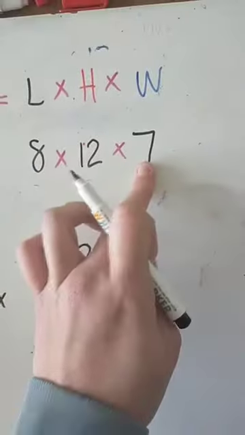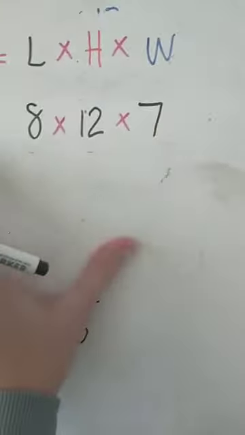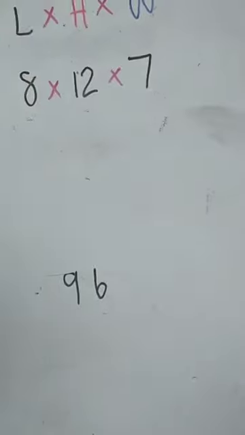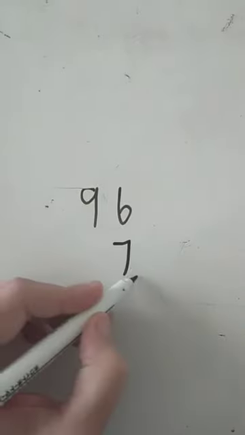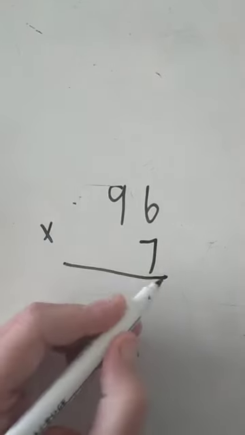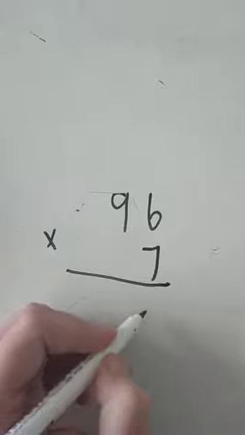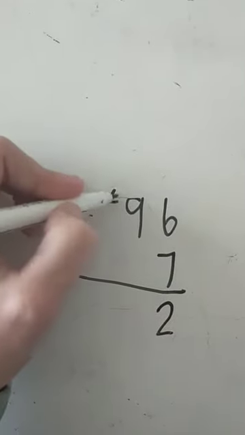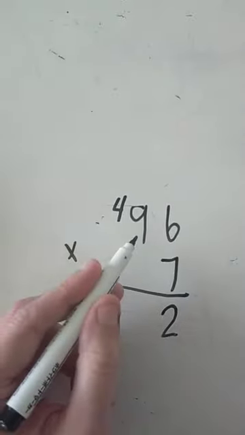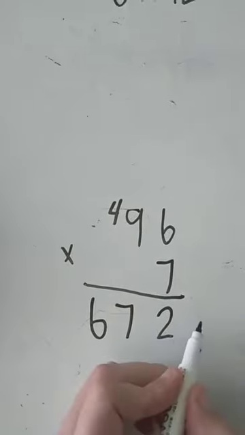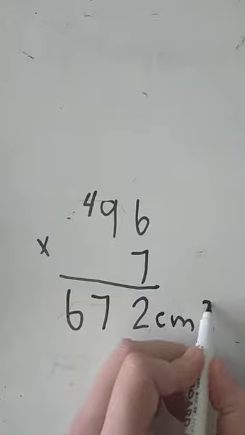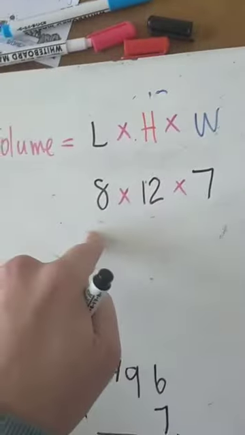And now we're going to times that by 7. Ooh, my tripod fell over. Six groups of 7. 7 groups of 9, 63, plus 4, 67. Centimetres cubed, because we've got the 1, 2, 3.